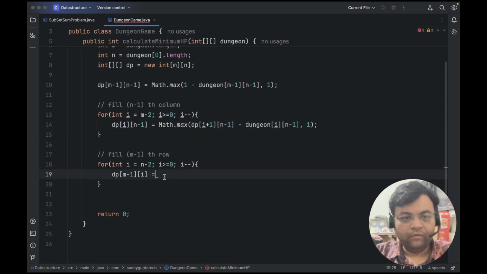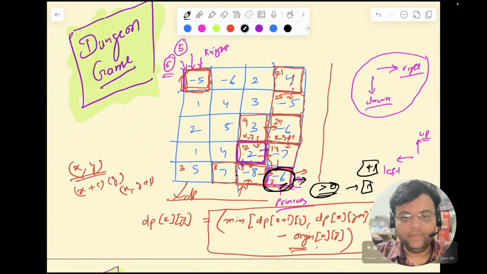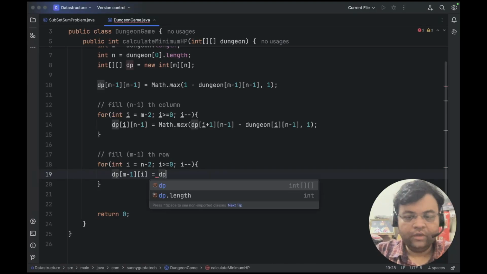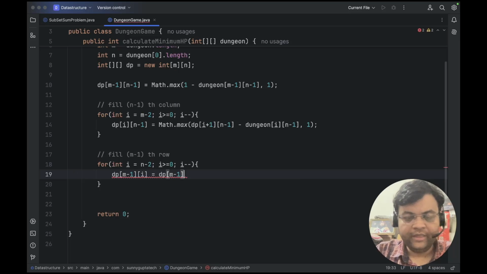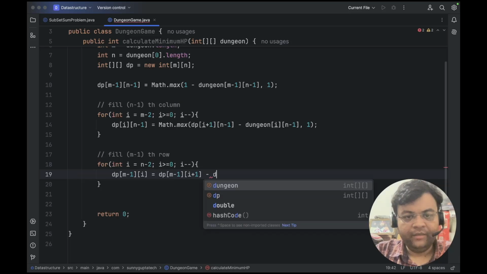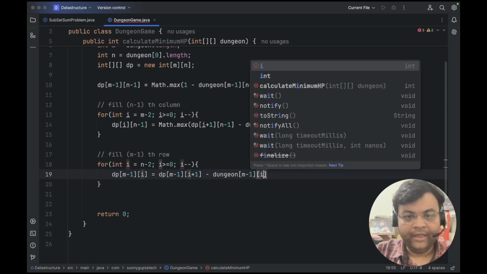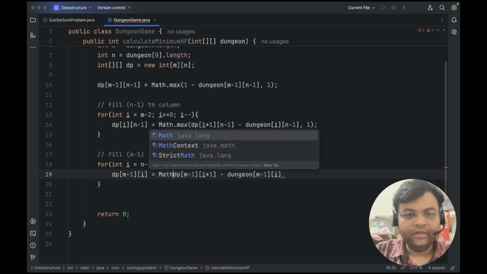Again, similarly here I'm filling this column, so I need to fill 15 here. For filling 15, I'm checking the same row's next column value, and I'm subtracting the same value, dungeon of m minus 1, i, and this is math dot max of.